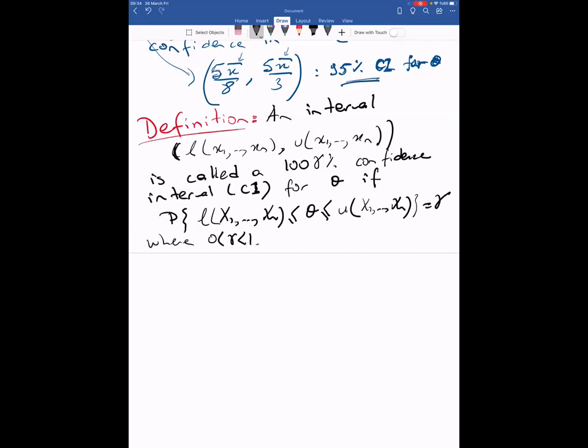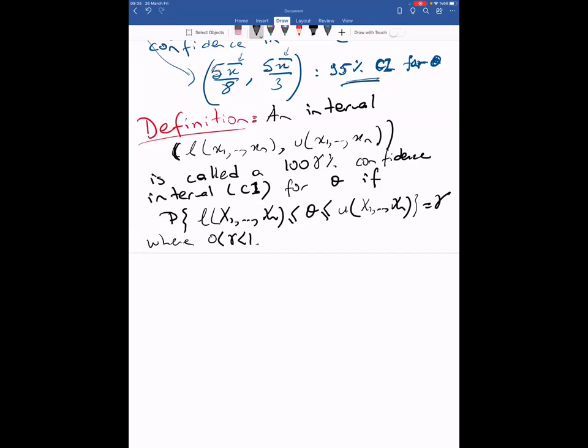If this is the case, then when we replace these random variables with the estimate values, the sample values, we have a confidence interval, but before that it is a random interval.